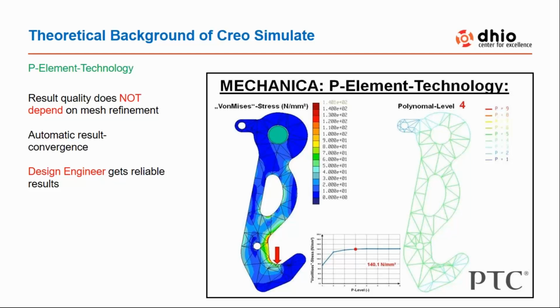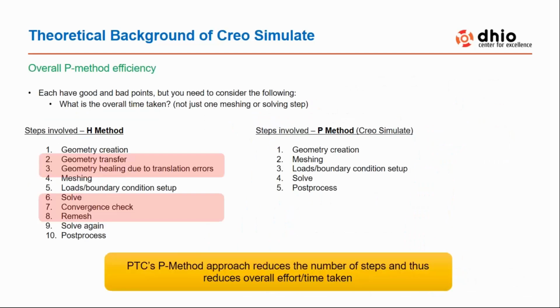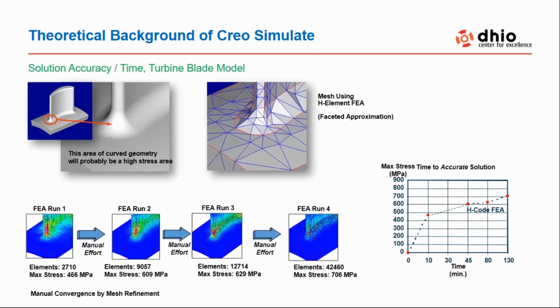In Creo, the software will automatically converge the analysis before that, because we have something called P element technology. The order of polynomial will be increased, whereas the number of meshes will not be increased. You can see this example. So here, if you take this characteristic curve, characteristic surface, the elements have been increased, mapped meshes.